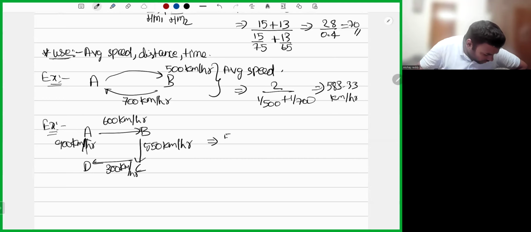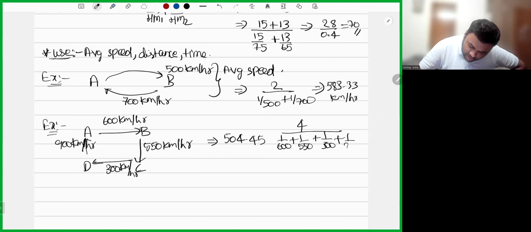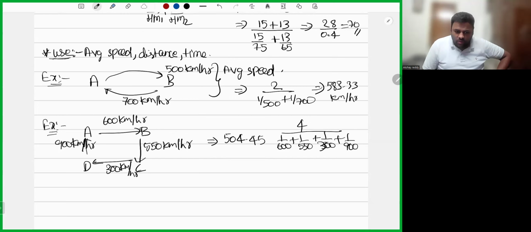So the answer is 504.45. So 4 divided by (1 by 600 plus 1 by 550 plus 1 by 300 plus 1 by 900). I hope the point is clear how to calculate the harmonic mean for individual data.